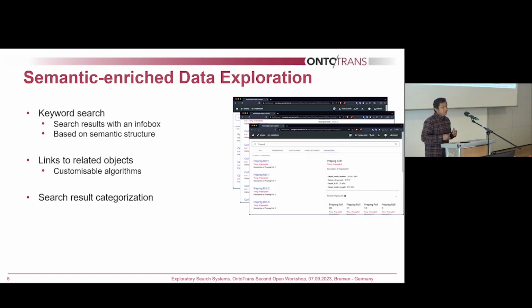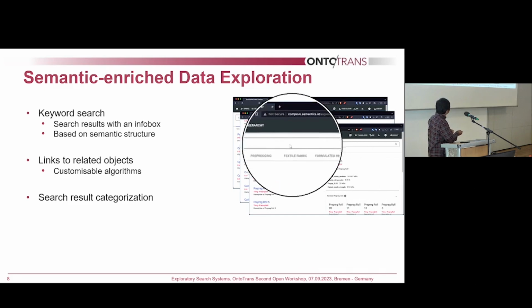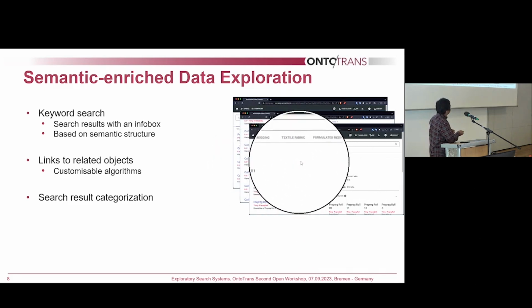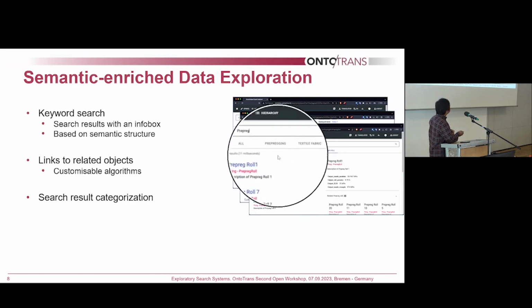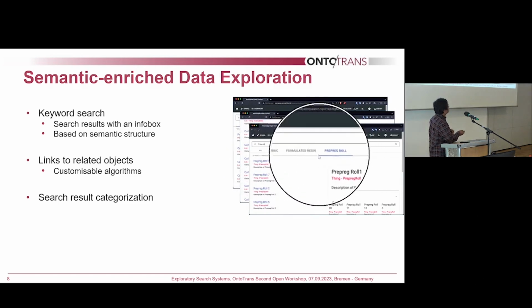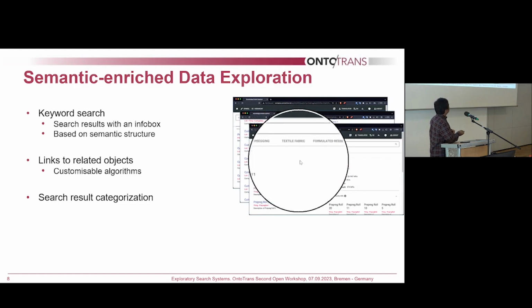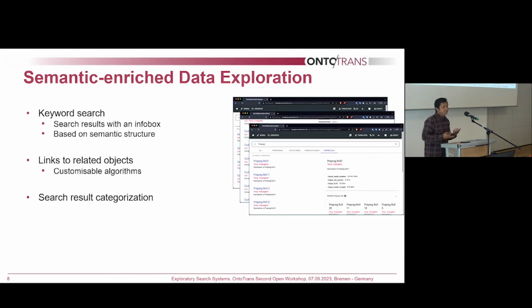Another thing where we make use of the semantics is search result categorization. You can already add in the user interface the main classes that you can use to filter out results based on a specific type of object. Again, this is customized, so you can configure it as part of your instantiation.